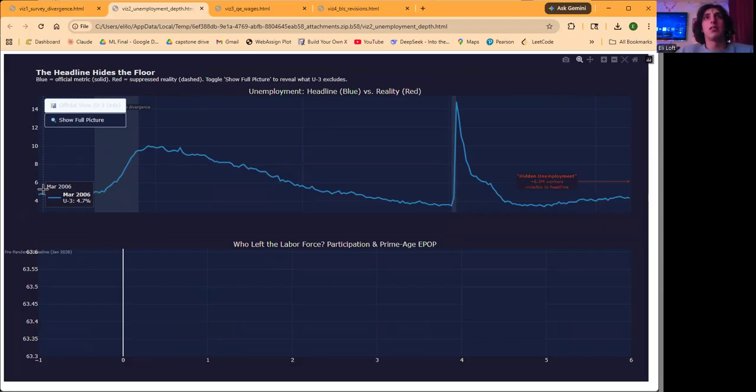And U3 typically excludes discouraged workers who have stopped looking during the past year and involuntary part-time workers who want full-time work but can't find it. This is U3. And we see it tracking over time, the percentage of unemployment according to U3. And then obviously you're going to have that same spike around COVID and then going back to baseline.